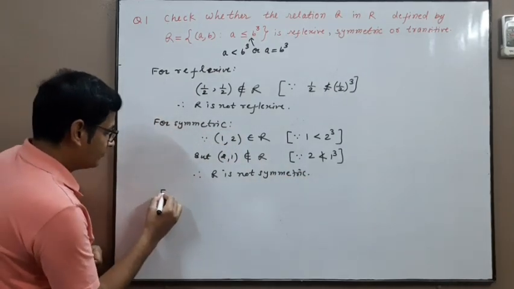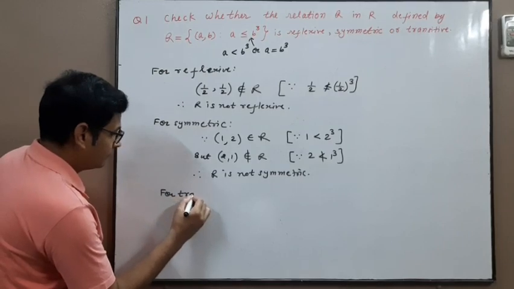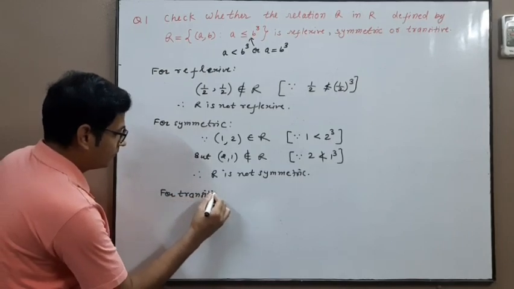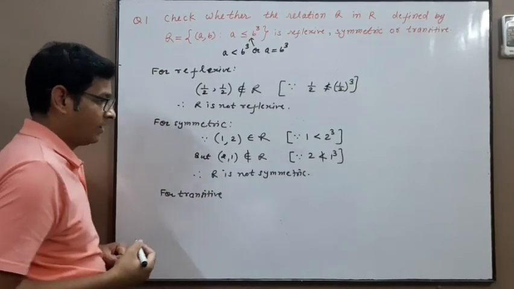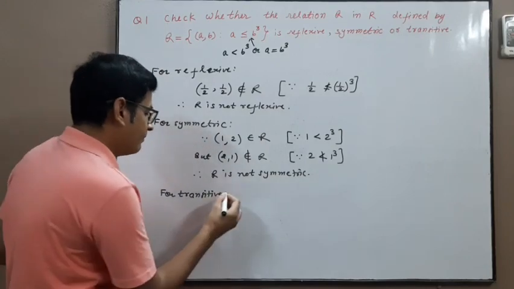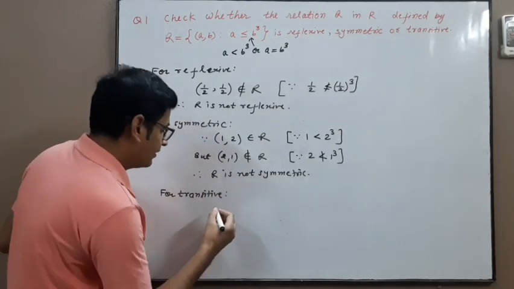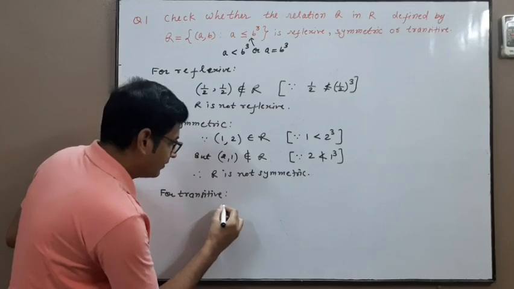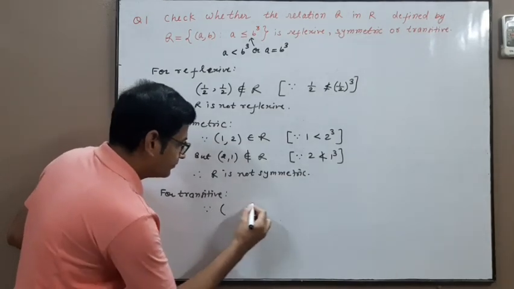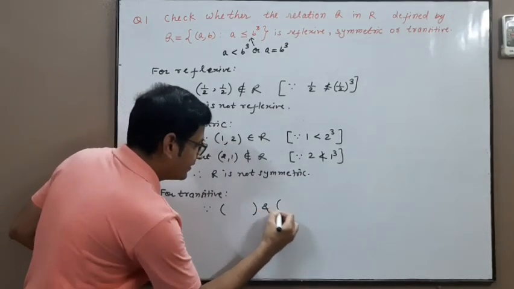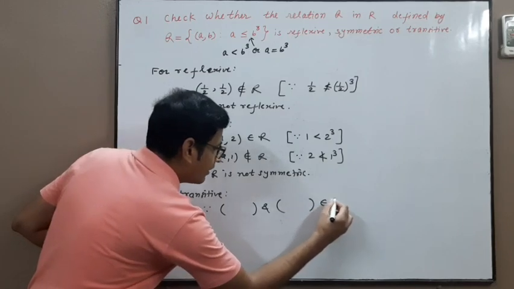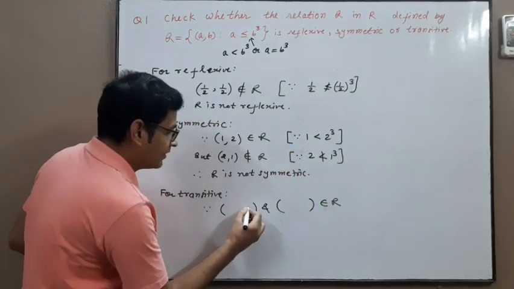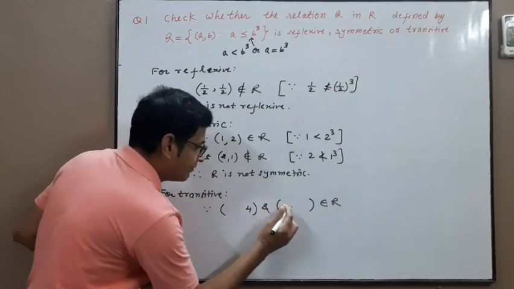For transitive, again give a counter example. Since this and this belong to R, first select any number, because here and here the same number is required.